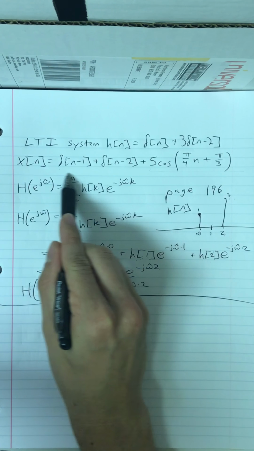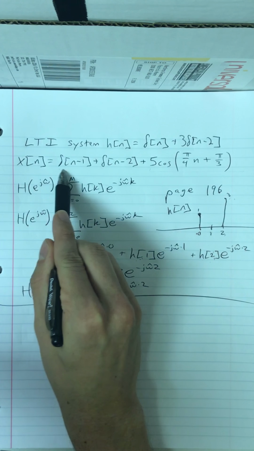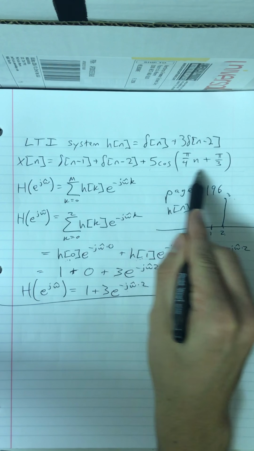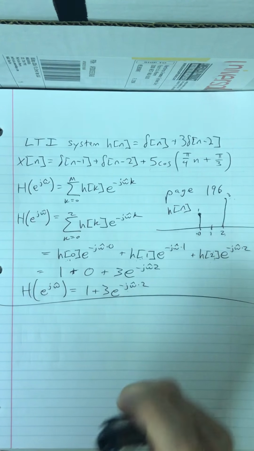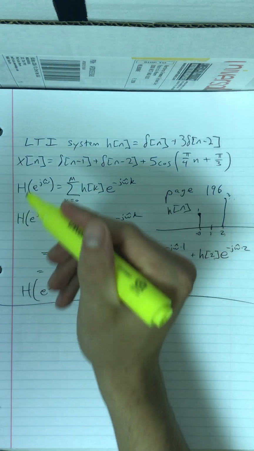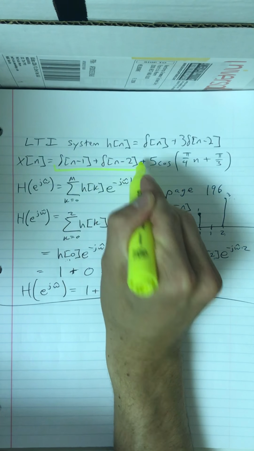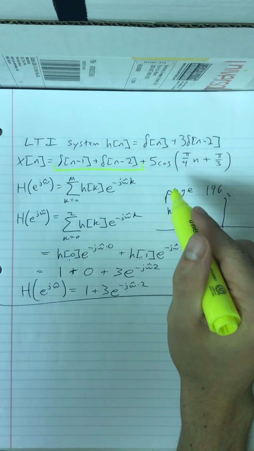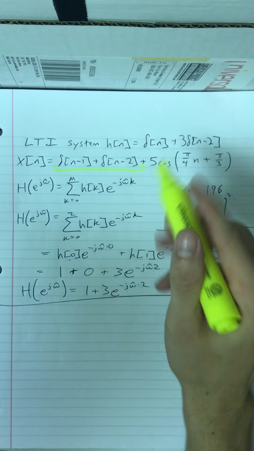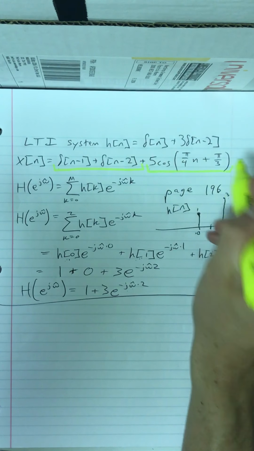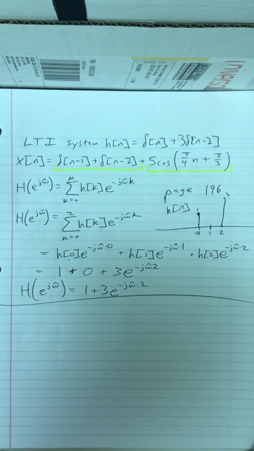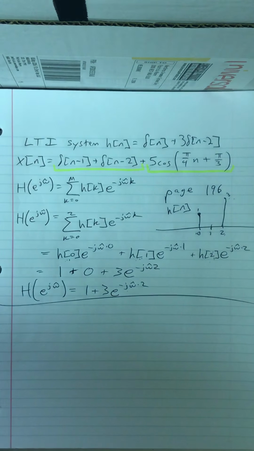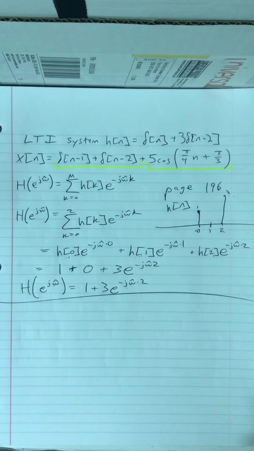You might be wondering, oh, well, what do I do with this stuff? Okay, it turns out, since this is an LTI system, you can go ahead and input this part of the signal into the system, get the output. You can input this part of the signal through the system, get the output, and then add the two outputs. And you can do that because this is an LTI system, a linear time invariant system.